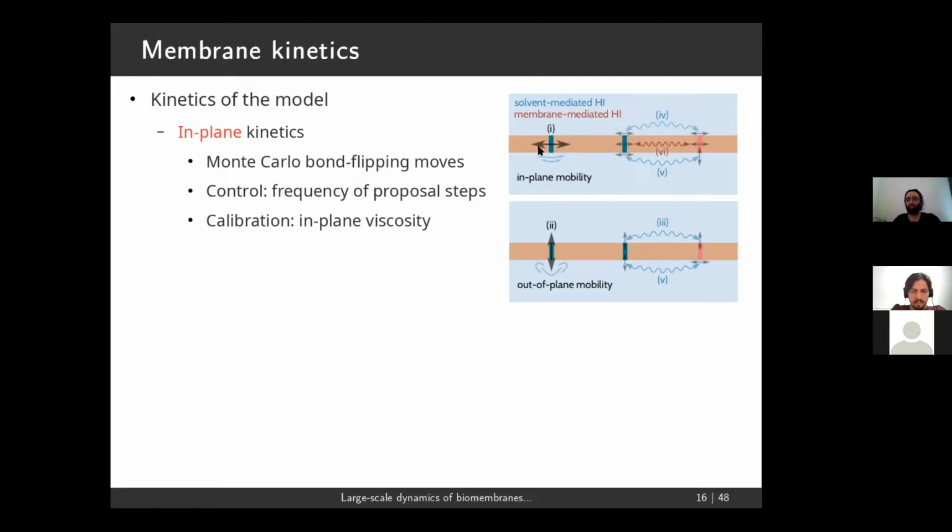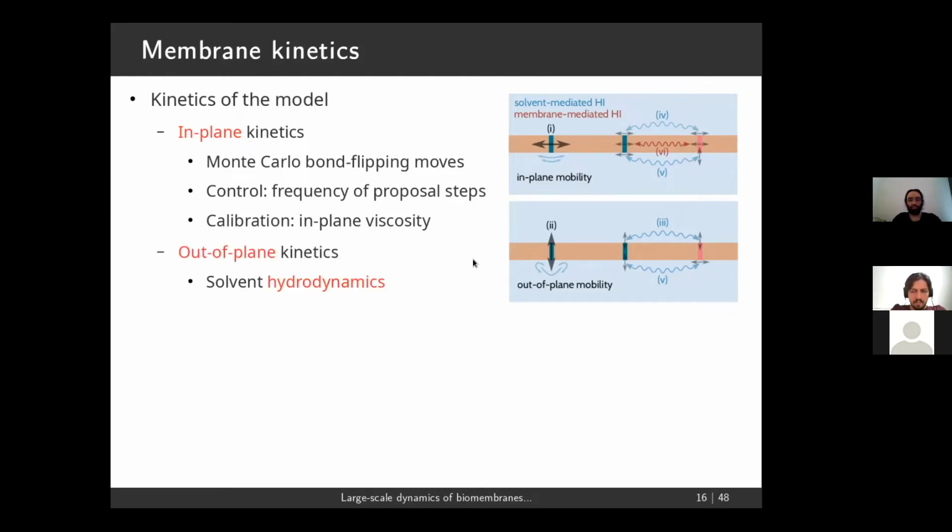They have a certain in-plane mobility, of course, but this in-plane mobility is also affected by the shear contributions from the solvent, and there can also exist crosstalk between these motions. So there would be solvent-mediated and membrane-mediated interactions of the hydrodynamic nature between two particles. So it could get really complex real fast.